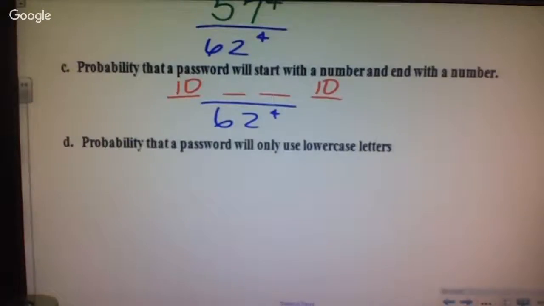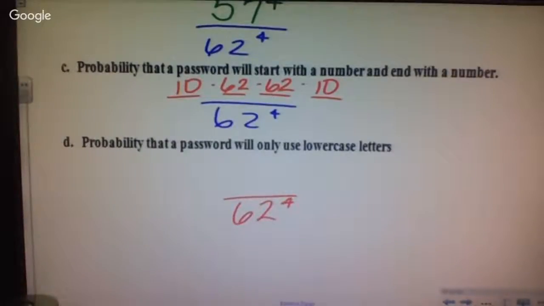In the middle, I now can have a letter or a number, so that keeps those at 62. So 10 times 62 times 62 times 10.